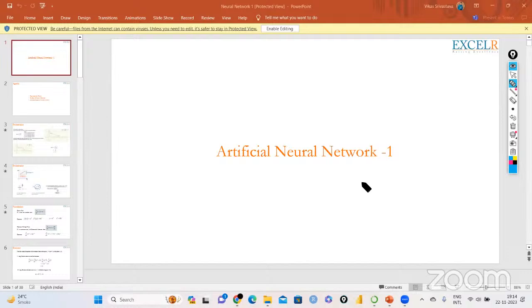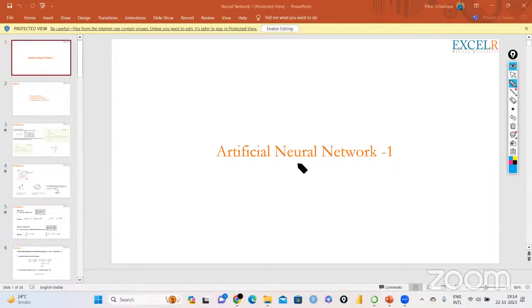So I guess yesterday we saw the basics and some terminologies related to the neural network part, and we also saw how to build a typical neural network architecture using Python, right? There we introduced TensorFlow and Keras.